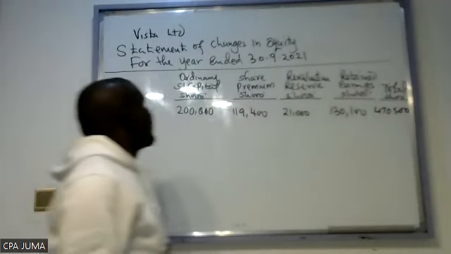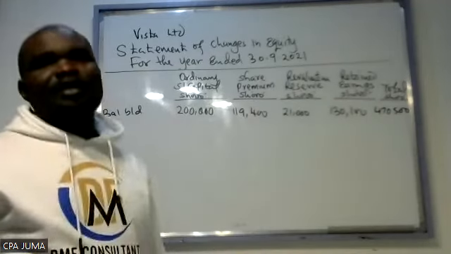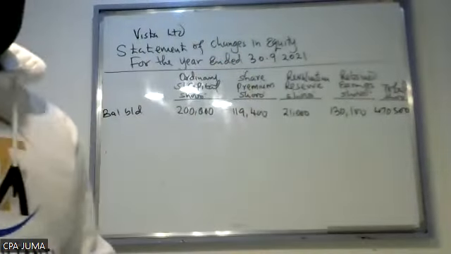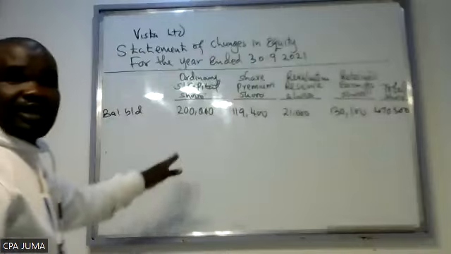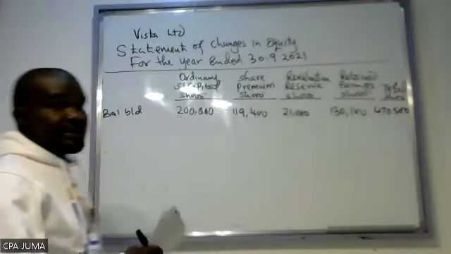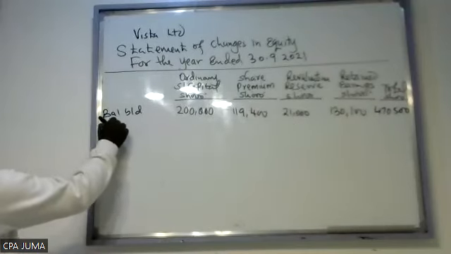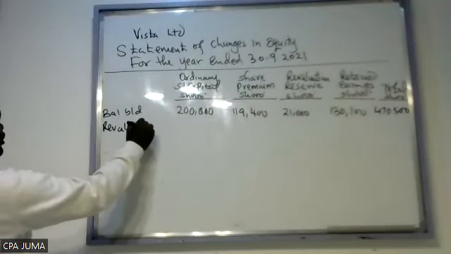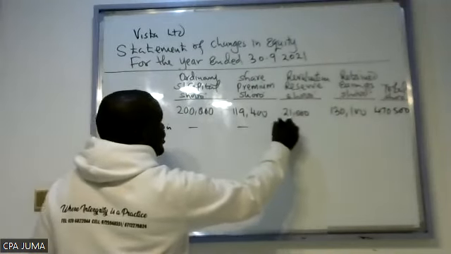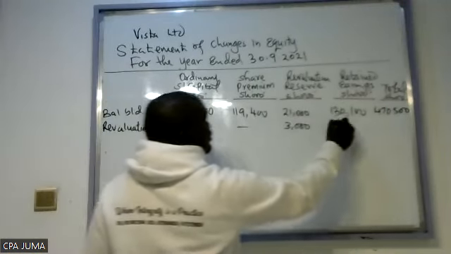Thank you. So let's start analysis one by one. I can confirm there was nothing on ordinary. There is nothing on share premium. Revaluation, yes. There was revaluation gain, the 3,000 you can still remember.